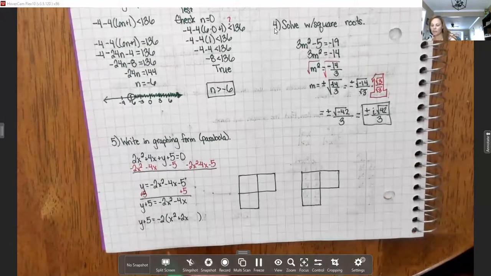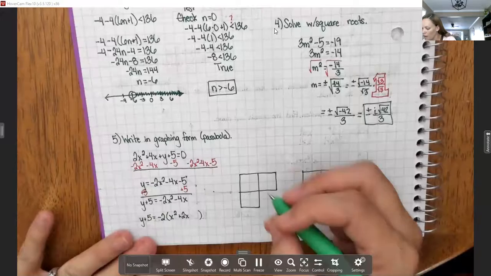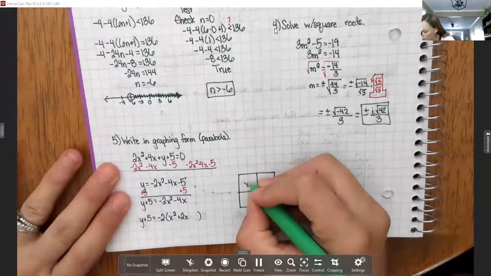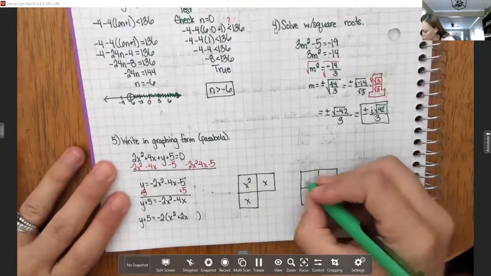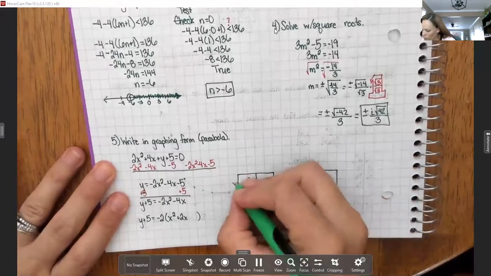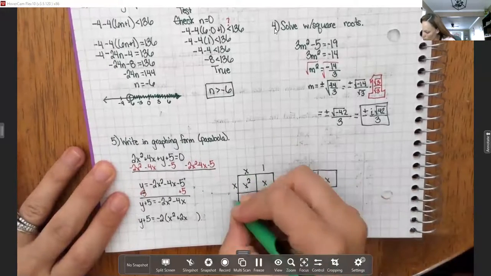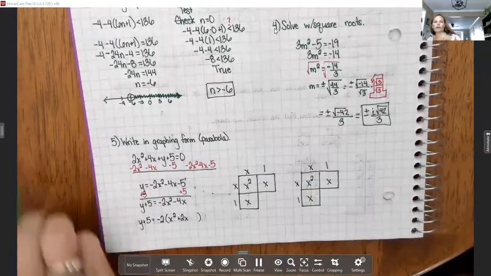I'm doing 2 squares because the 2 in front is negative, and we'll talk about that in a minute. So x squared, I split my 2 x's in half, so that's x and x. These have to be the exact same or you did something wrong.